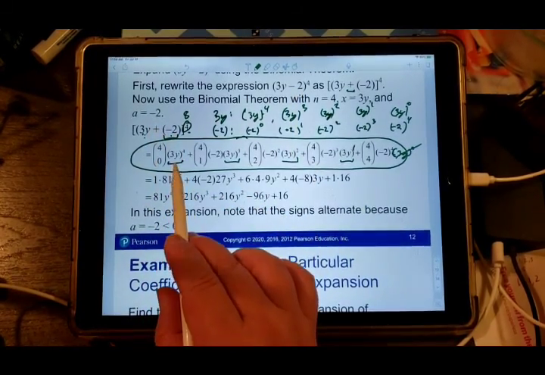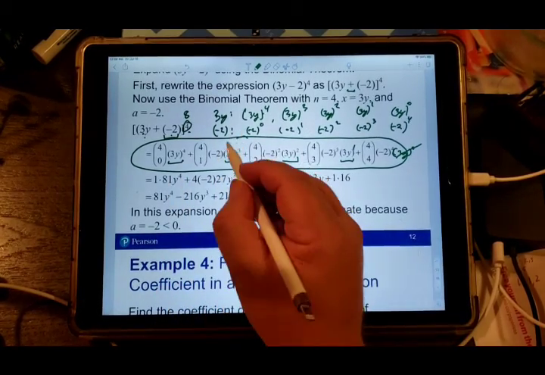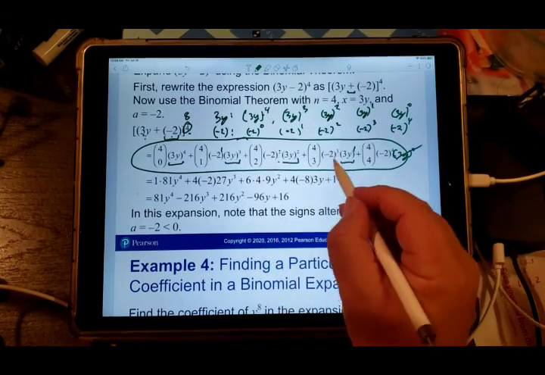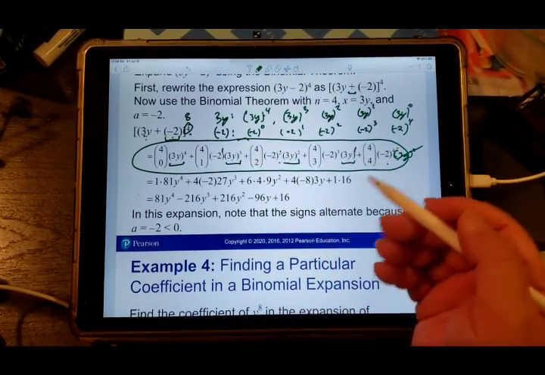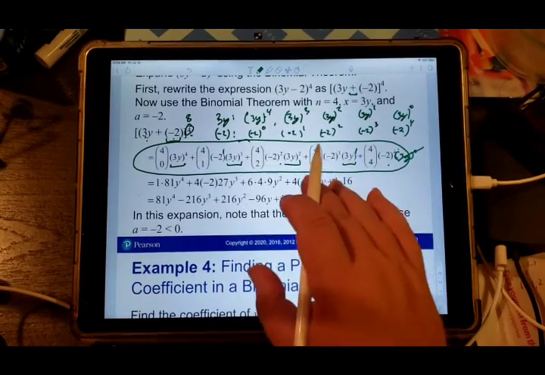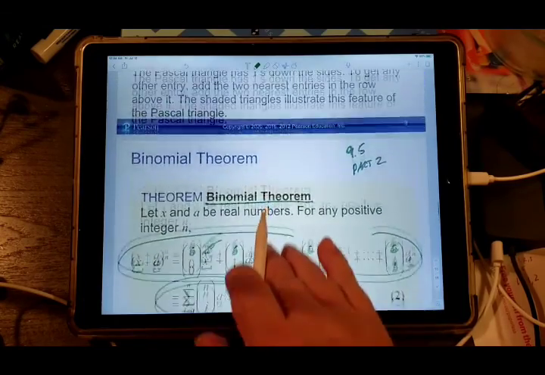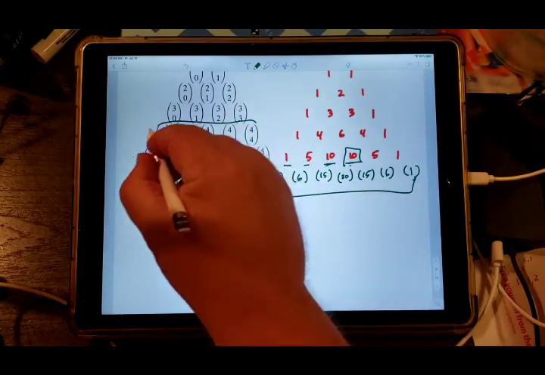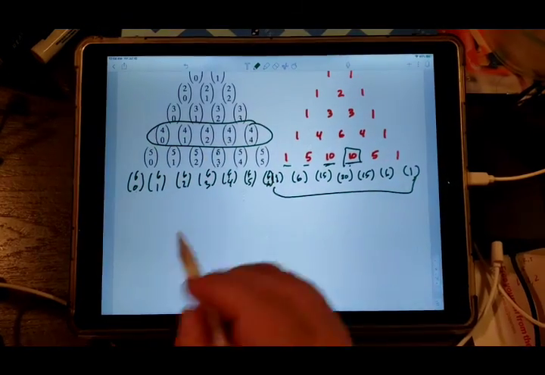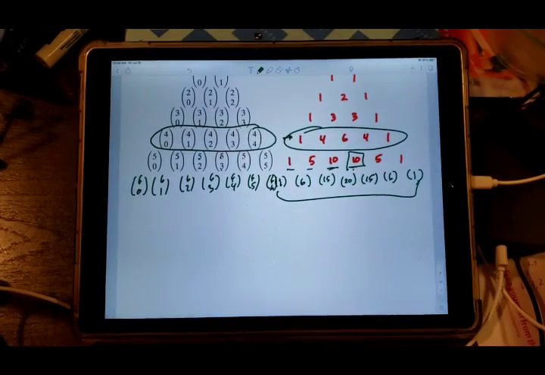Well, -2 to the 0, which is 1, so you don't see it. -2 to the 1, -2 to the 2, -2 to the 3, -2 to the 4. And then Pascal's triangle, those entries taken from this side of Pascal's triangle, but calculated using this side of Pascal's triangle.